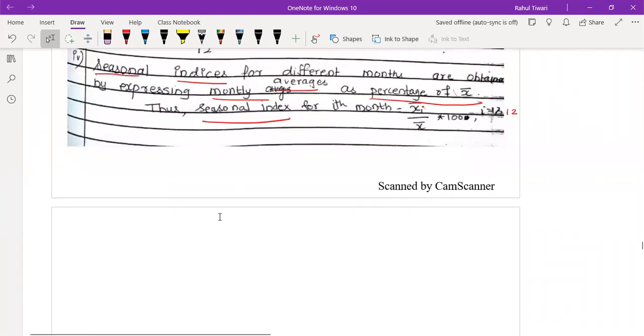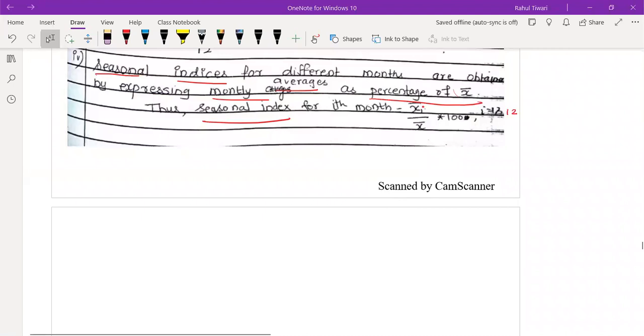When you add the seasonal indices, the total should turn out to be 1200 because it is monthly data. If you consider quarterly data, it should add up to 400. That is a certain criterion. When we see the problems, it will become clear for everyone.